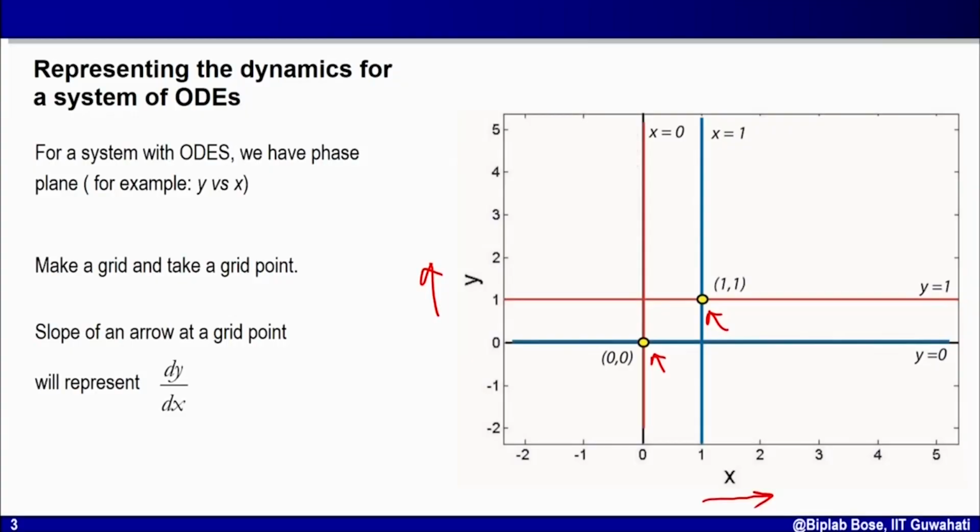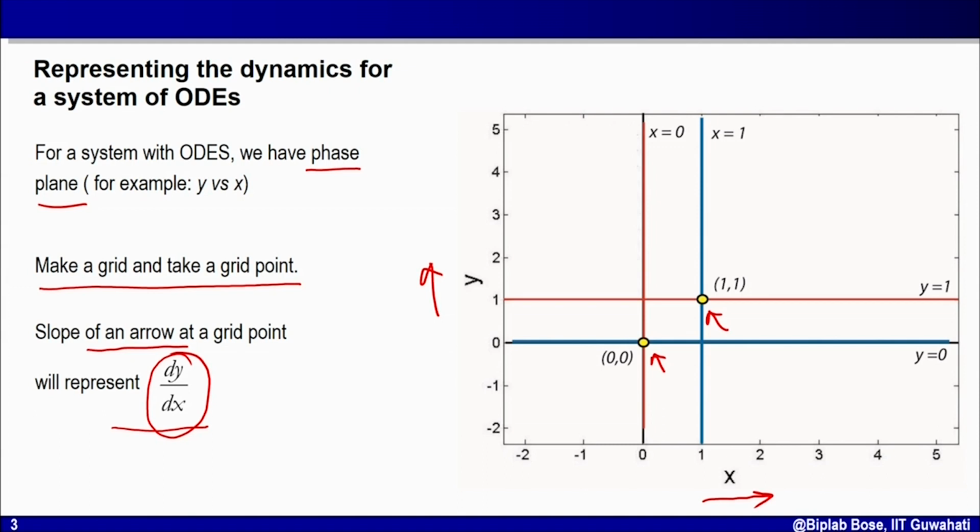Remember, my intention is to visualize the change in y and x with respect to time in this y and x plane. What we will draw here is rather, I will divide this whole y versus x plane, which is actually the phase plane, into equidistant grid, and at each grid point, I will draw an arrow, and the slope of the arrow will be equal to dy/dx, the derivative of y with respect to x.